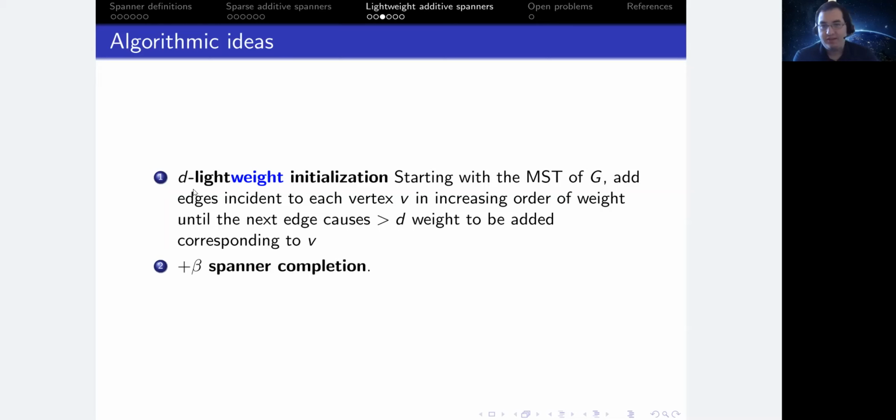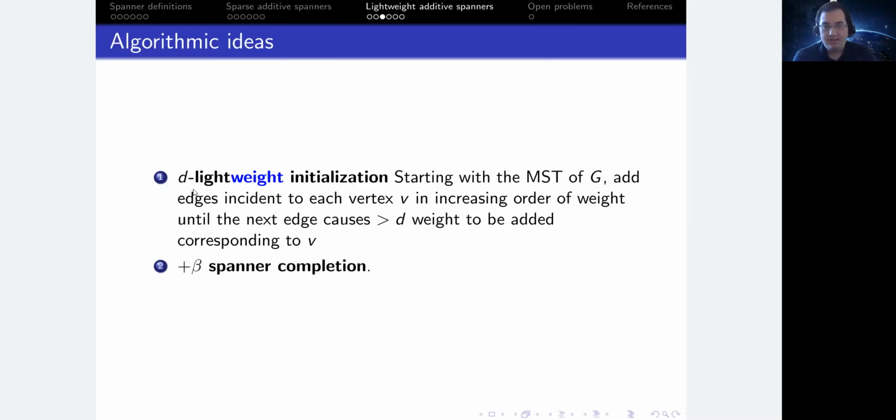And then for each vertex, we're going to add edges incident to that vertex in non-decreasing order of weight until the next edge causes at least d weight to be added corresponding to that vertex. So for each vertex, we're going to add edges of total weight at most d.